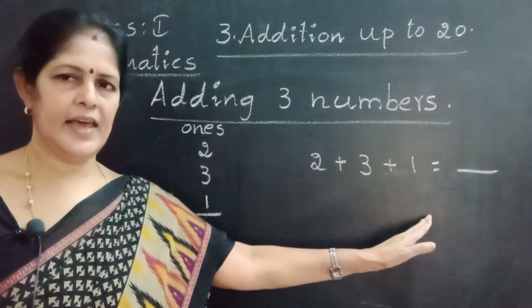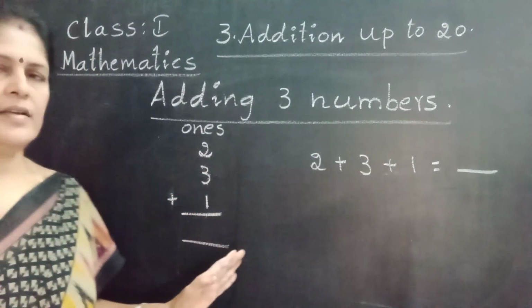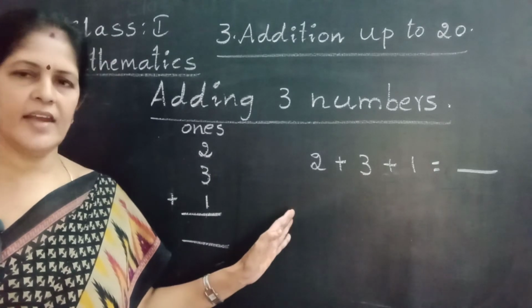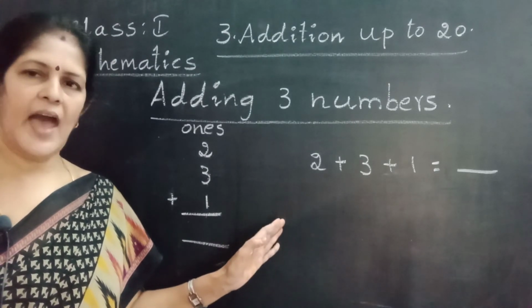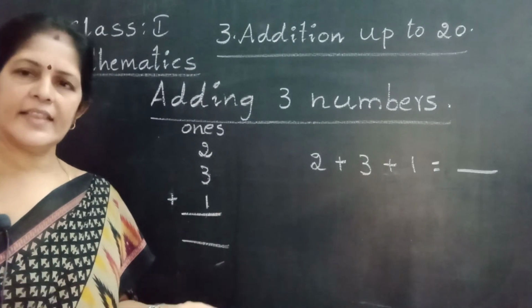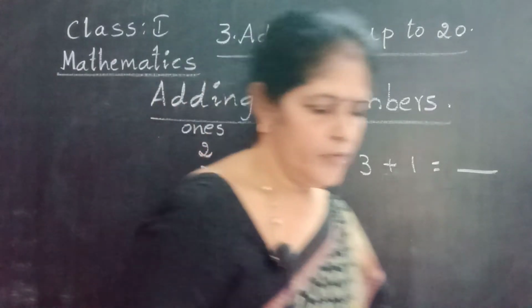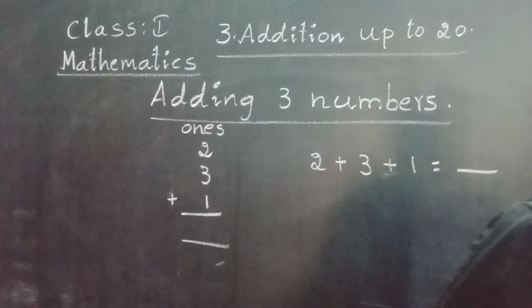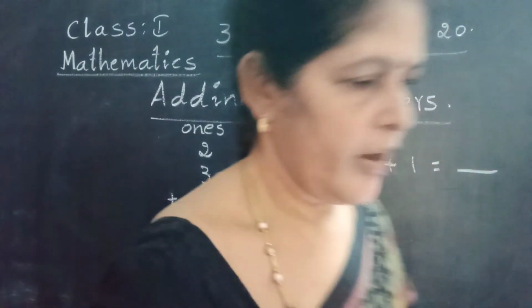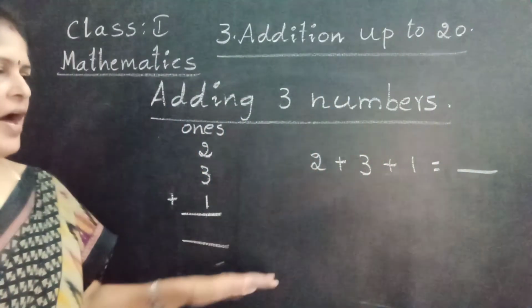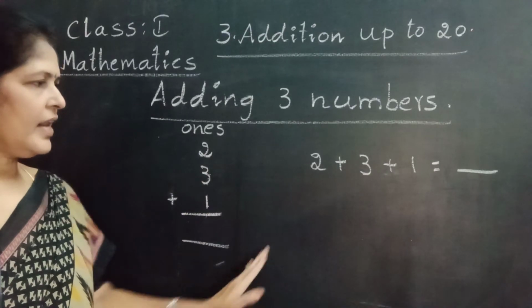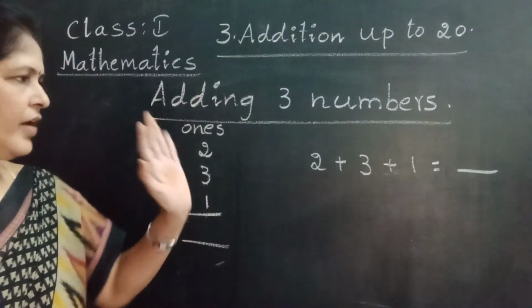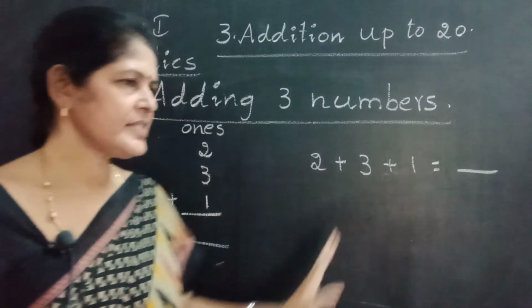Vertically, horizontally, we add. In addition, given numbers can be added in any order, we get the same total. We can add numbers in any order. We get the same answer. That means vertically or horizontally, we add the given numbers, we get the same total.